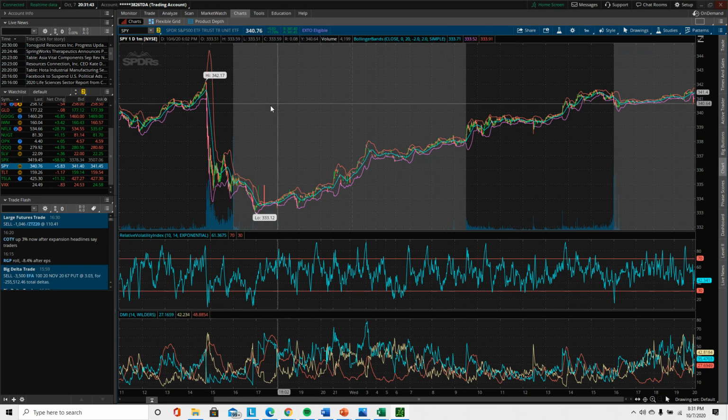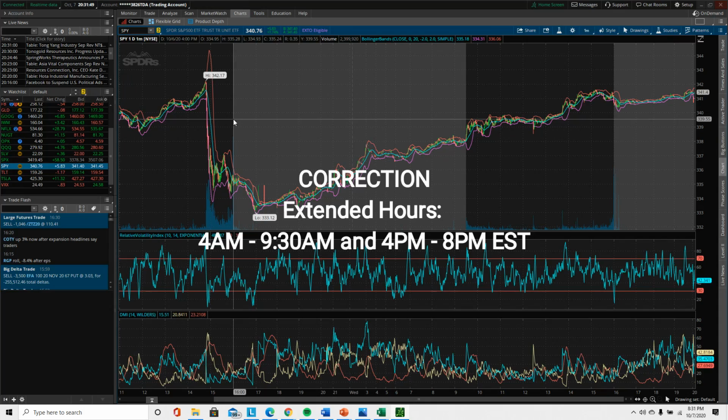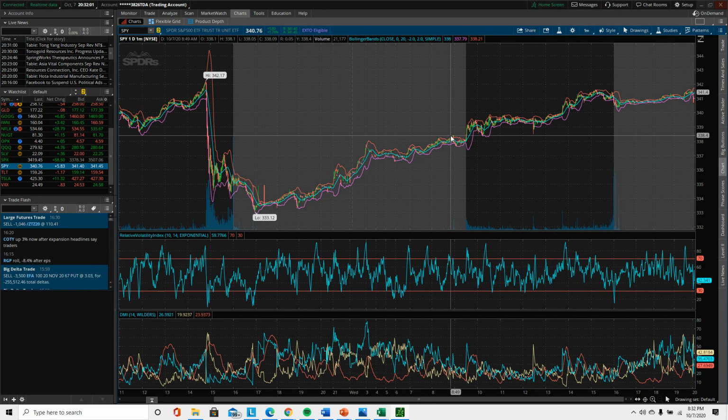The gray represents the trading that happens during the extended hours, which is 7 a.m. to 9:30 a.m. Eastern Time, and 4 p.m. to 8 p.m. Eastern Time when the market is closed. So there's two sets. There's the early morning trading, and then there's the post-market trading. And that's what this represents.